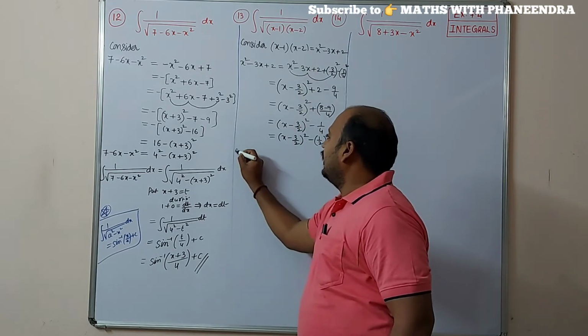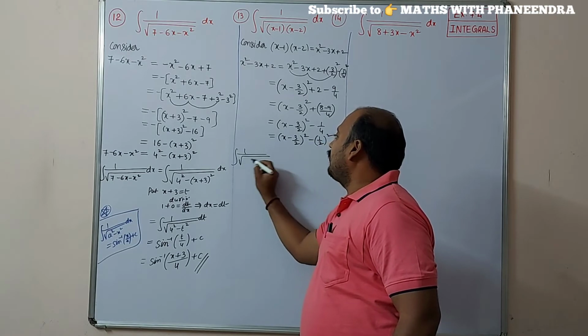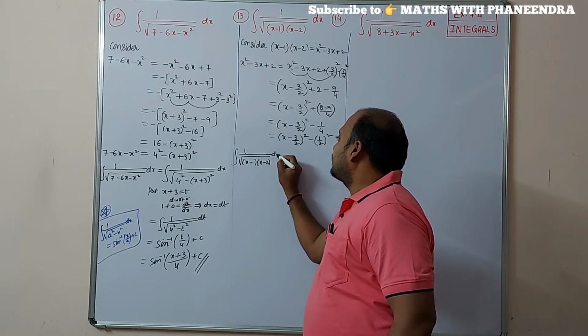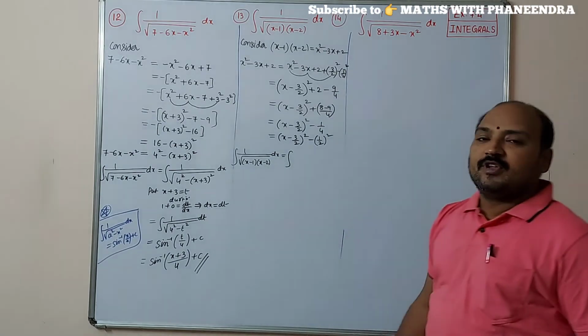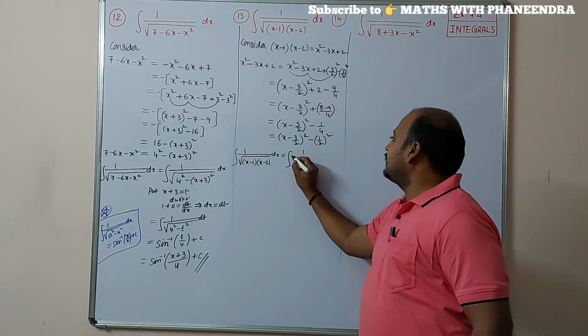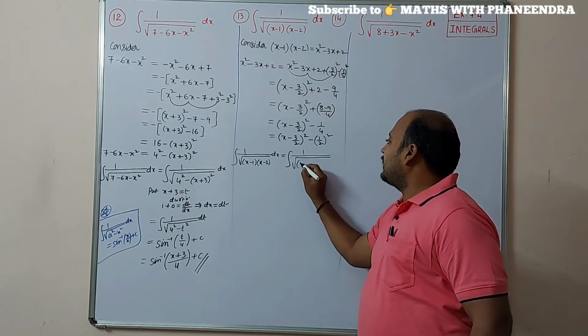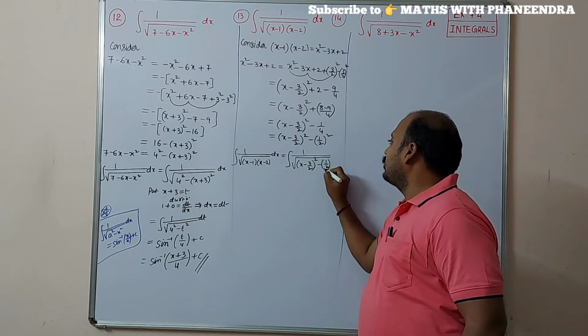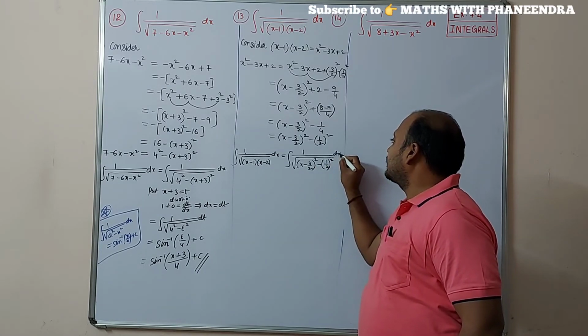Now the given integral, 1 by square root of x minus 1 into x minus 2 into dx, is equal to integral, in place of x minus 1 into x minus 2, we replace with this value: square root of (x minus 3 by 2) whole square minus (1 by 2) whole square into dx.